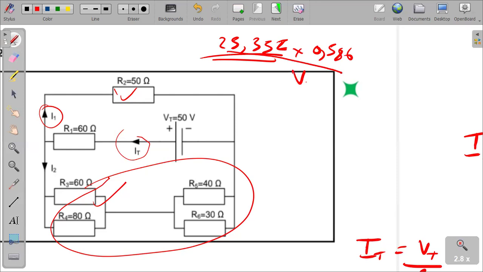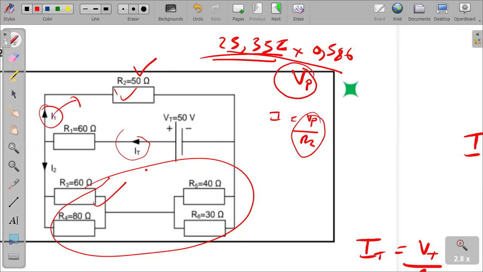Apparently, that voltage shall be the voltage of the parallel branch. As a matter of fact, it shall be the voltage of the 50 ohm resistor. It shall also be the voltage of the 51.429. Please check this, hear this clearly. It's another way again of calculating. So after finding this VP, we simply say now I is equal to VP over R2, the resistance in the branch where I1 is.